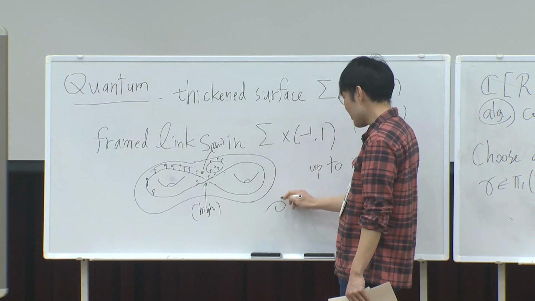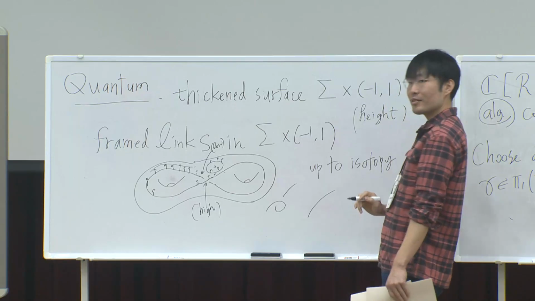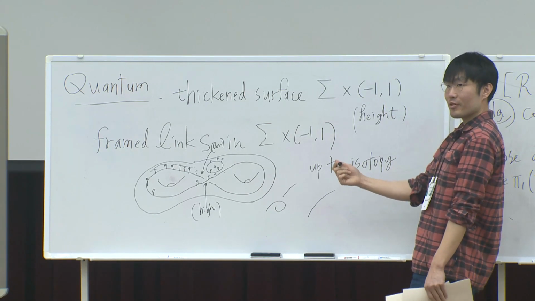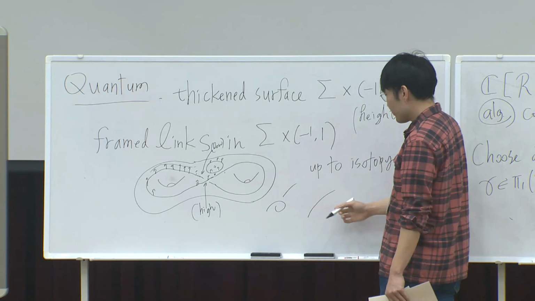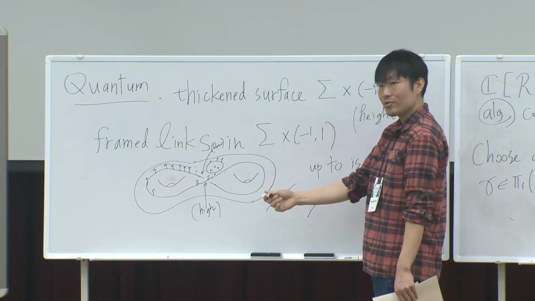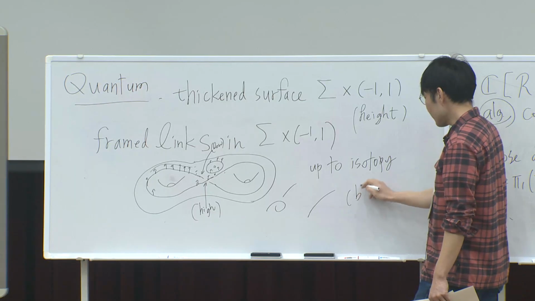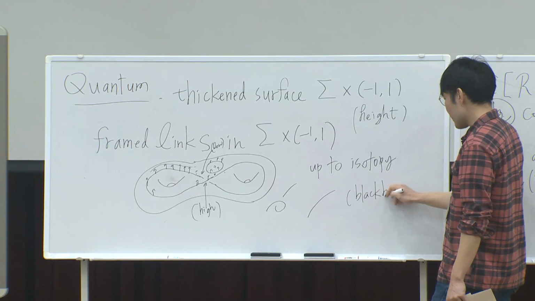So, for example, this diagram will be different from that. I'm using the blackboard framing when drawing pictures like this, meaning that the framing is pointing toward your eyes. Blackboard framing.